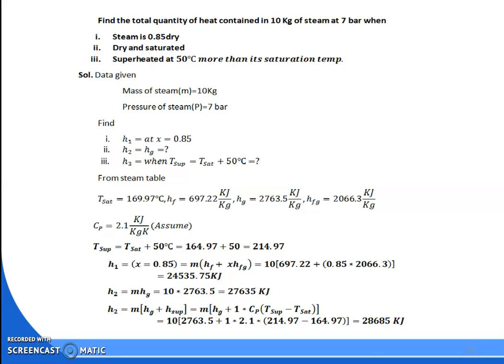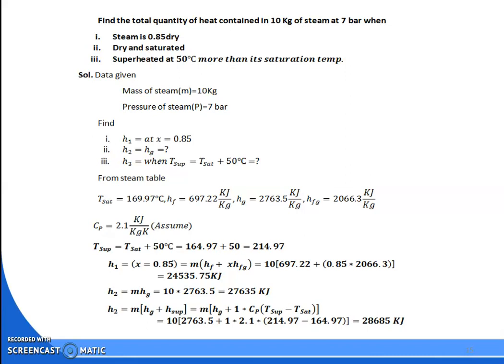Similarly, H2 will be equal to hf plus hfg, that is equal to hg. And H3 will be equal to hf plus hfg plus h super, that can be written as hg plus h super.